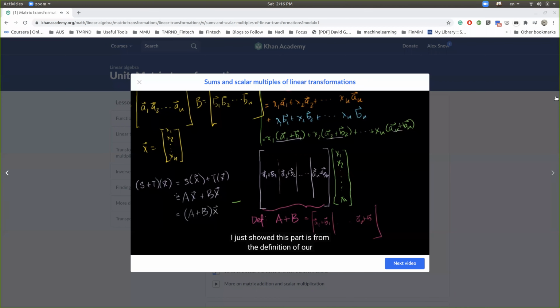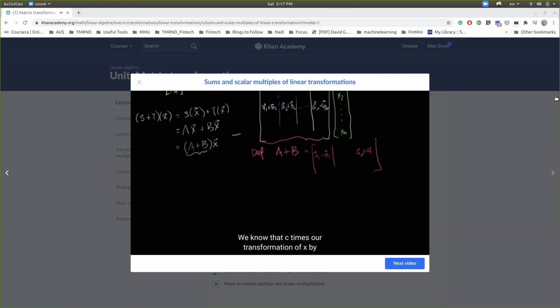This part is from the definition of our transformations and the sum of our transformations that I defined earlier in this video. And then when we worked this out and expressed these products as weighted combinations of the column vectors of these guys, we got to this new matrix. And I defined this new matrix as A plus B. I did that because it has this neat property: the sum of two linear transformations operating on x is equivalent, when you think of it as a matrix-vector product, to the sum of their two matrices.